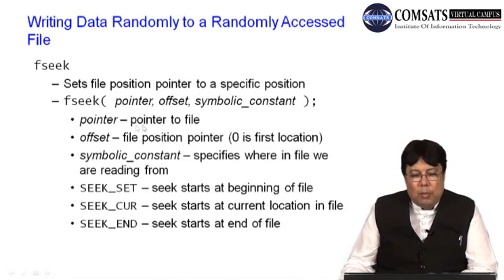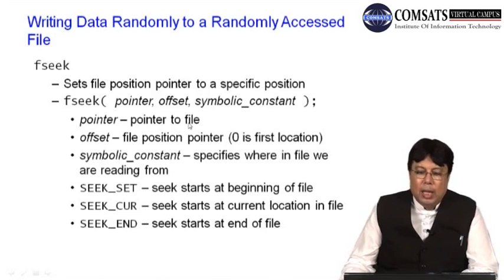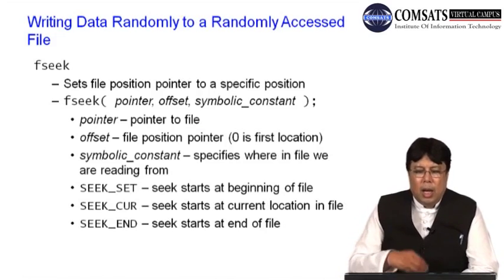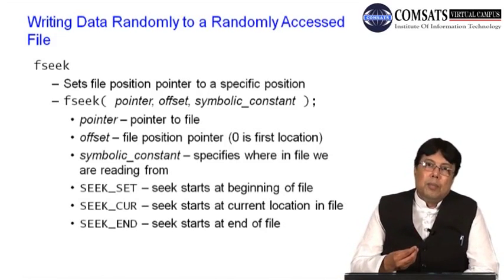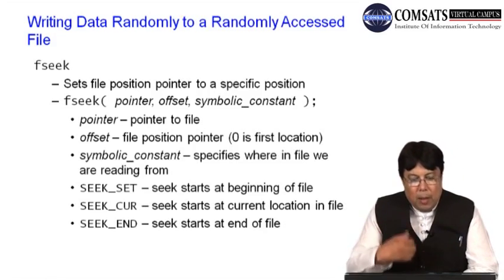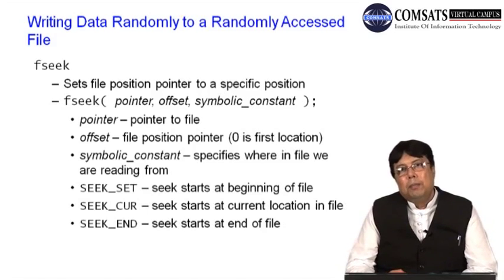This is a pointer that points to a file. Fseek is a pointer to a file, but practically this is not a pointer. This is practically an integer offset, just like, for example, an array element.